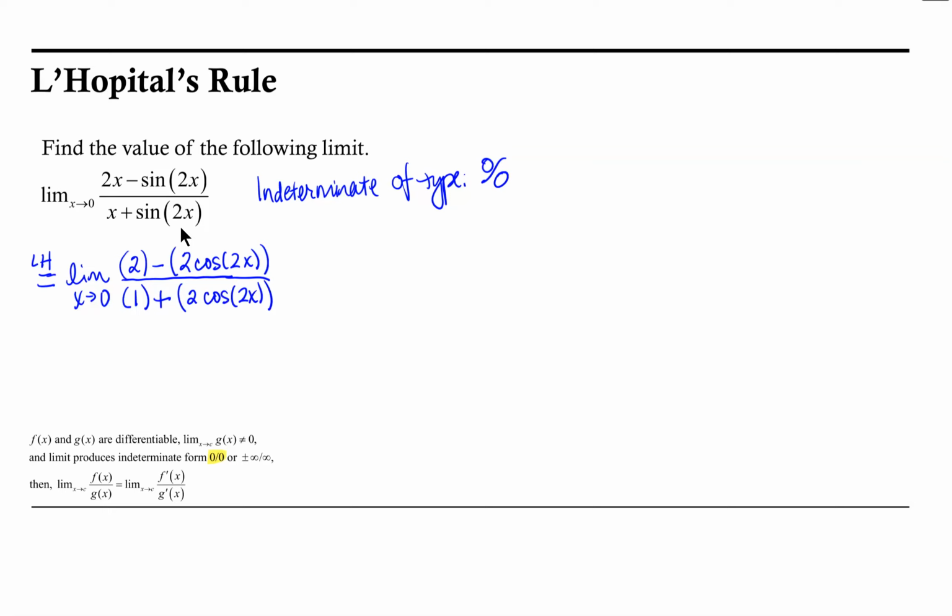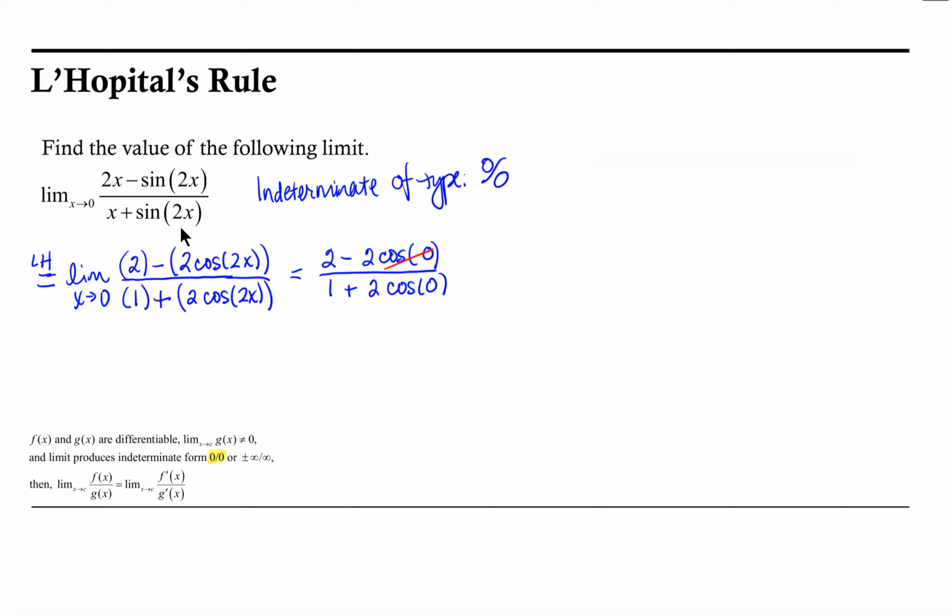Now, at this point, we can think about applying or evaluating the function at the x value for our limit. We would have 2 minus 2 times cosine of 0, 2 times 0 being 0, divided by 1 plus 2 times cosine of 0, again 2 times 0 being 0.